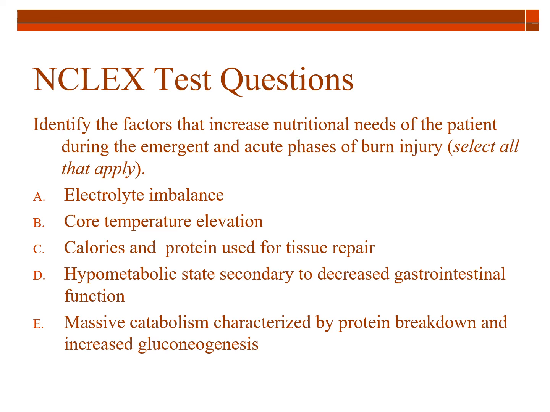Massive catabolism can occur and lead to malnutrition and delayed healing without adequate calorie and protein supplementation. The electrolyte imbalance has more effect on the fluid resuscitation than the nutritional needs.